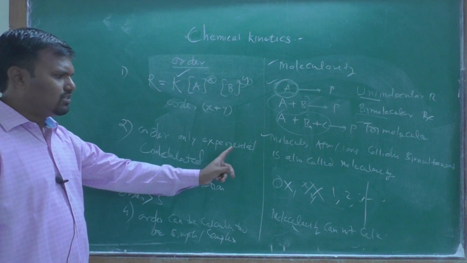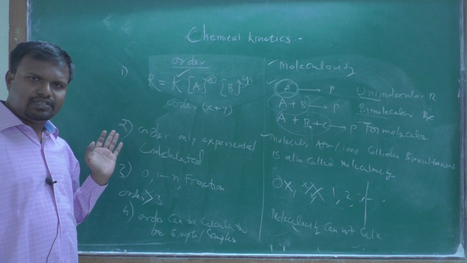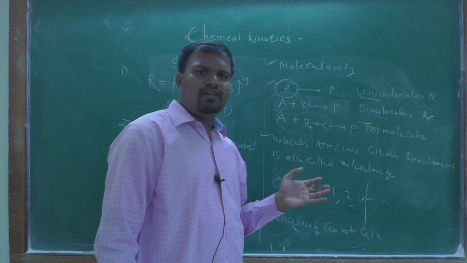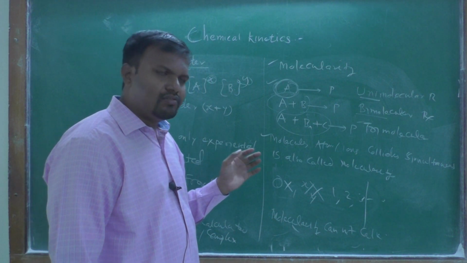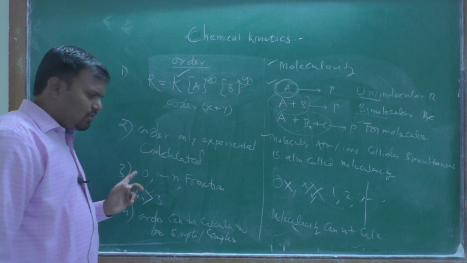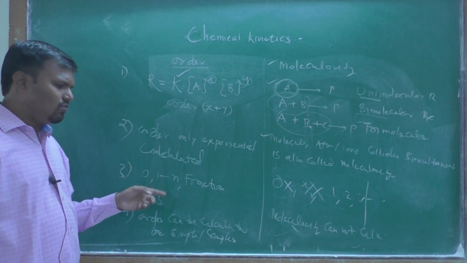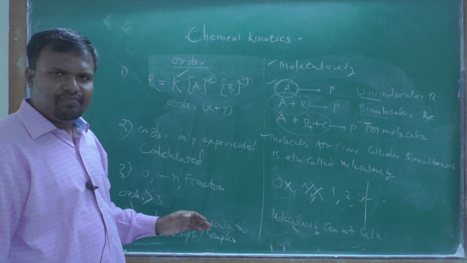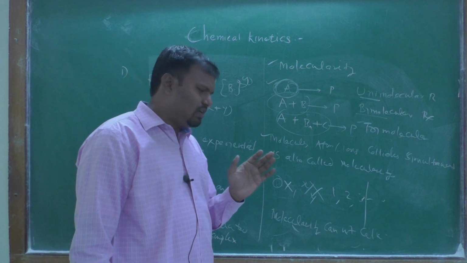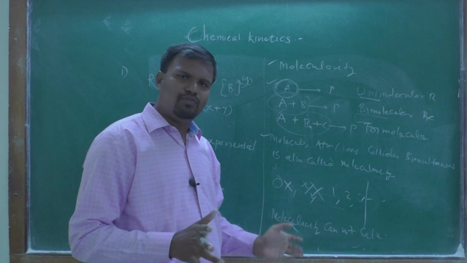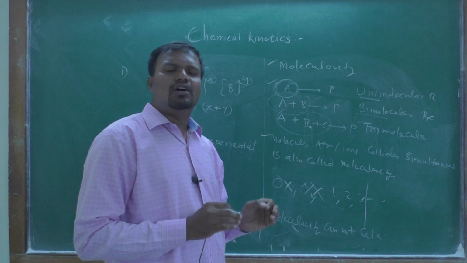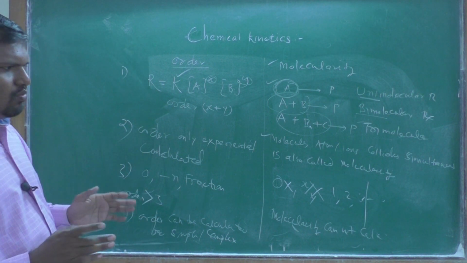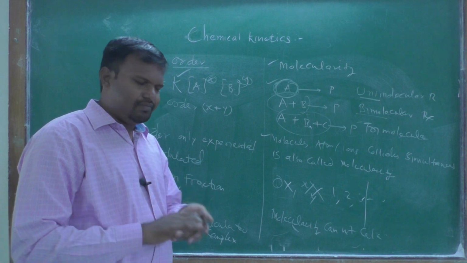Order is only calculated experimentally, but molecularity can be calculated theoretically. The value of order can be 0, 1, 2, 3 up to nth or fractional, but molecularity can never be fractional, can never be 0. It is only whole numbers 1, 2, 3. No molecularity is seen above 3.